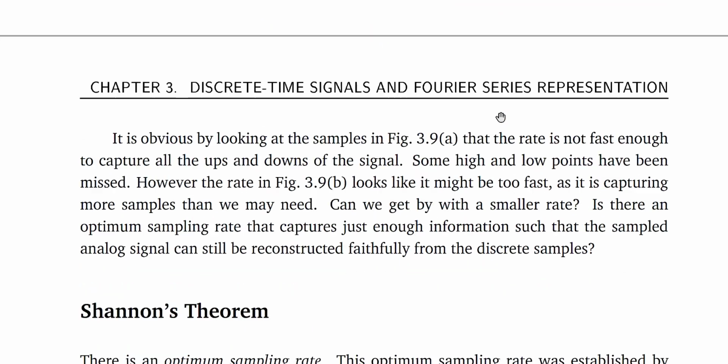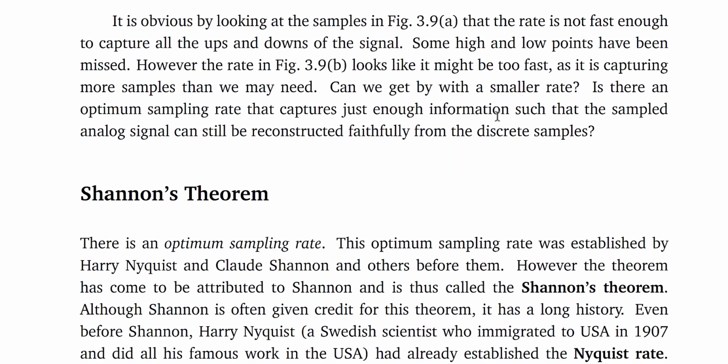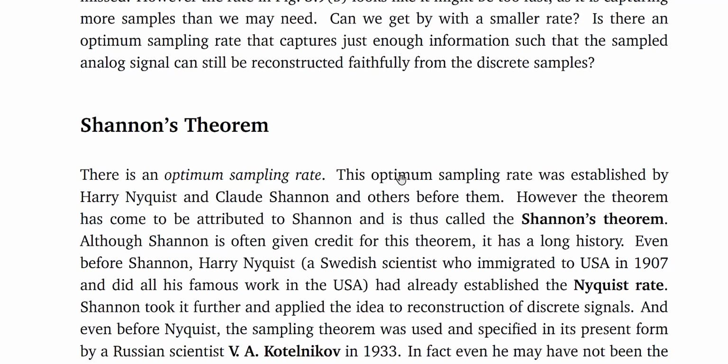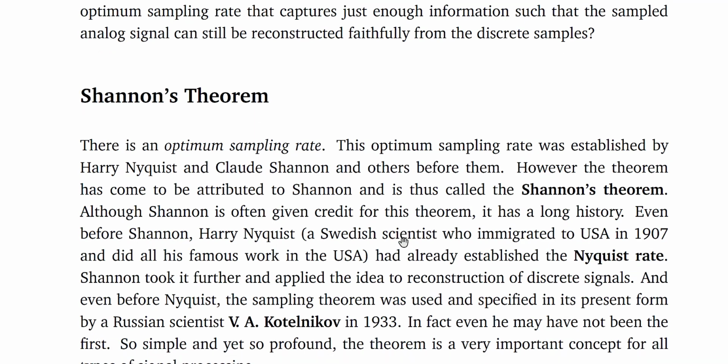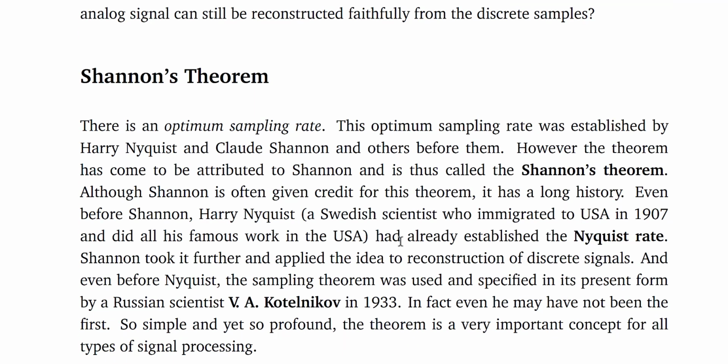And the answer is yes, there is an optimum sampling rate, and it's given by Shannon's theorem, which is also credited to Harry Nyquist, who established the Nyquist rate and Nyquist threshold, Nyquist cutoff, etc. Different names for the same thing. And even before him, there were other people who had actually written papers and talked about the exact same idea.